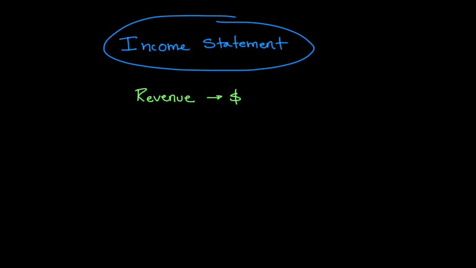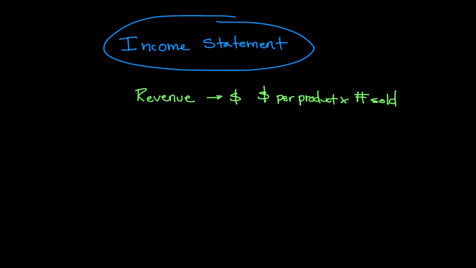To get to this figure is really simple if you sell one product, because you just take the price per product and multiply that by the number of products sold.